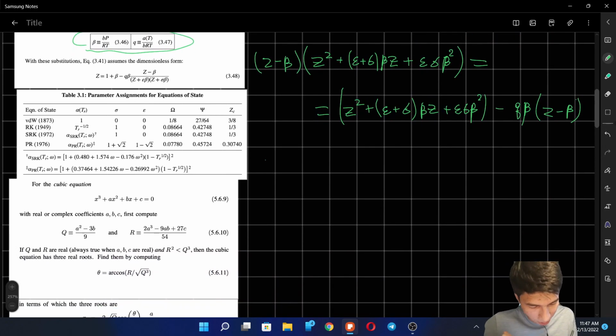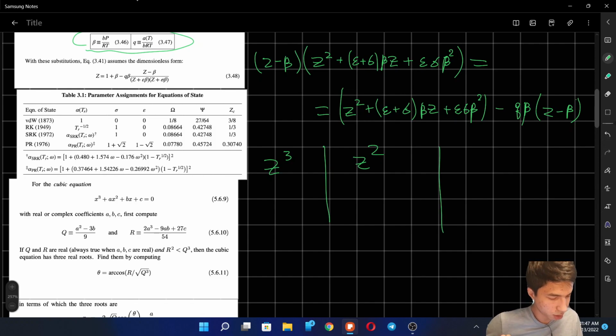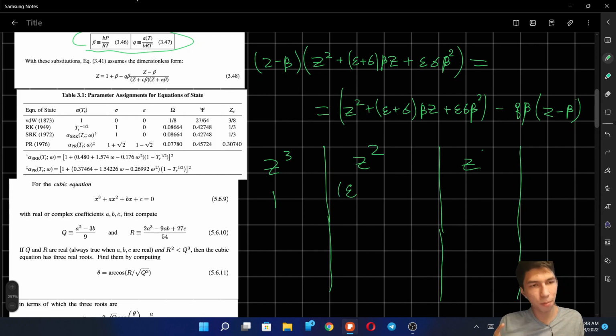So now let's have a table for our z cubed term, z squared term, z term, and for the coefficient, the term without z. So if we open these brackets, we have 1 z cubed, which is going to be positive, right? So we'll put 1. And for the z squared, we're going to have plus sigma beta.